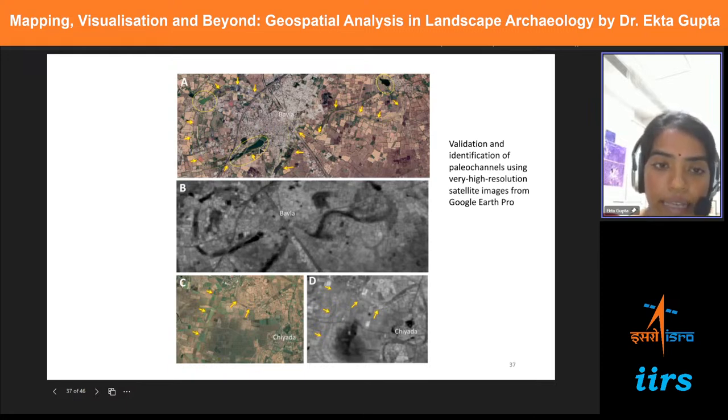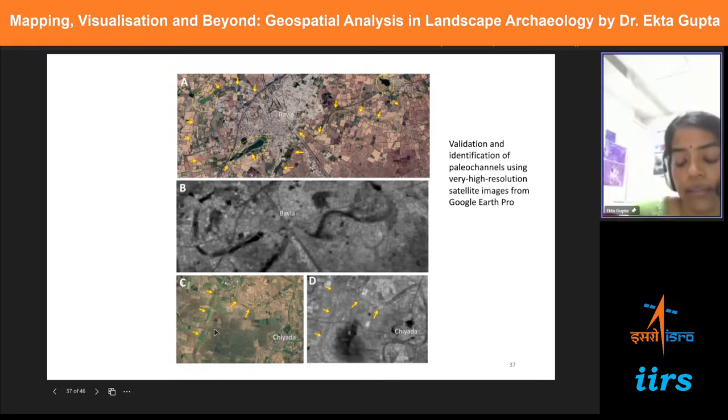And also, it is seen that these water bodies which are around these small settlements, villages, and towns follow or are on some paleo channels. So that was also interesting to observe. And some paleo channels which were not visible in any other methods were visible better in Google Earth images.